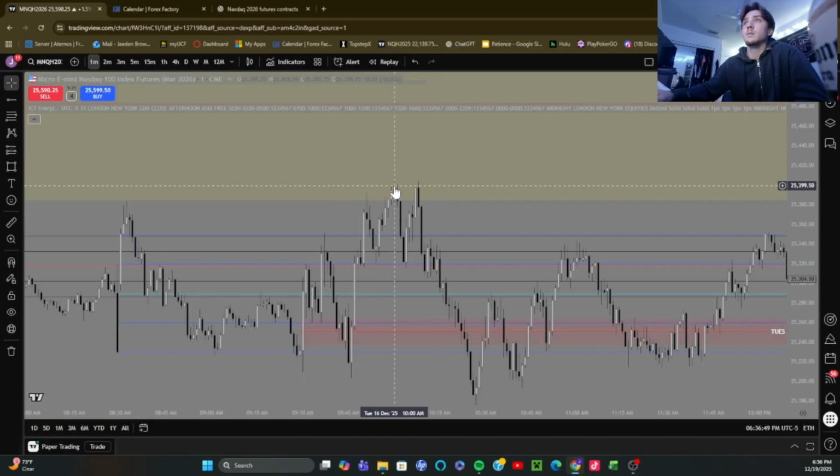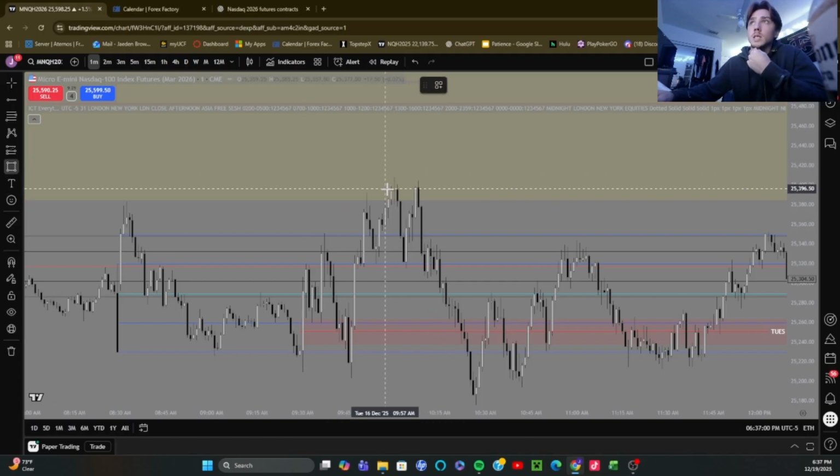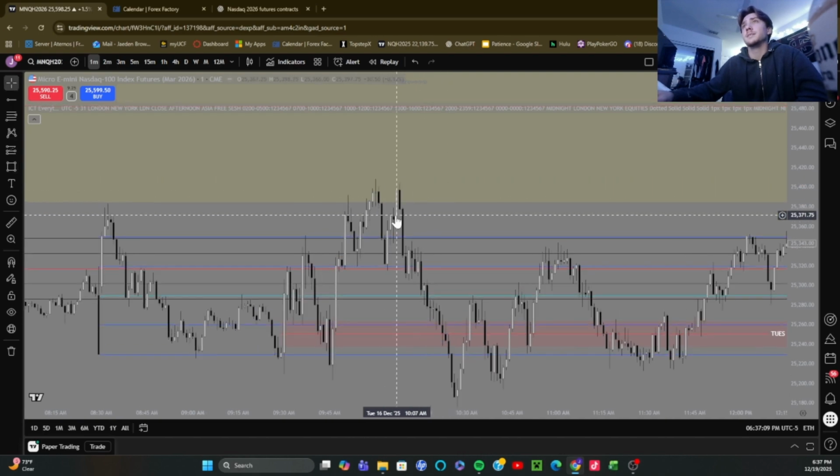And then even here, we have a rundown. We should respect this fair value gap and go lower. We ended up going through this fair value gap, invalidating it, but then respecting this rejection block and staying below consequent encroachment, or candles at least. So there's that.